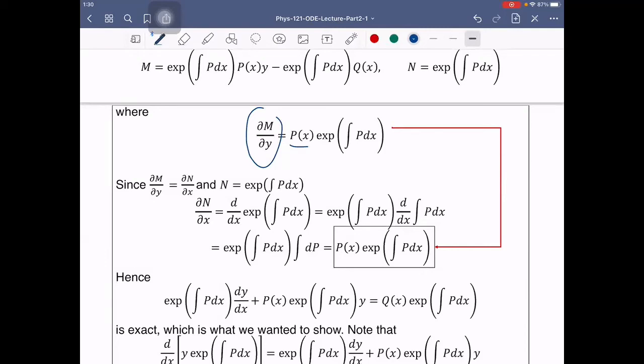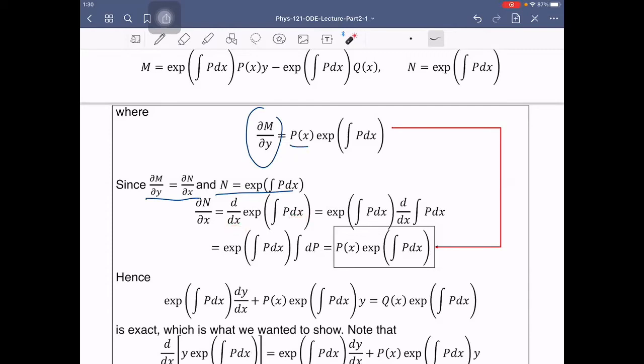So since para mag-exact, ito yung kailangan natin, and yung n natin is this one, we can take the partial derivative of n with respect to x. Ito yun. So kunin lang natin, just take the derivative. Okay lang na isulat na nito kasi nakadepende lang sa x lahat ng nasa right-hand side. Alright? You can also use partial, but in this case, this is more proper kasi dx dito.